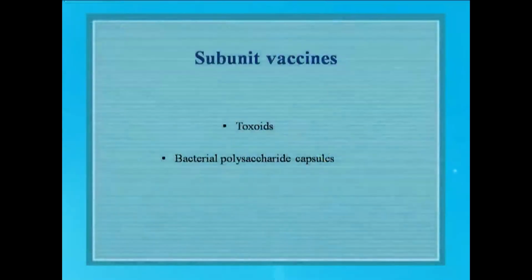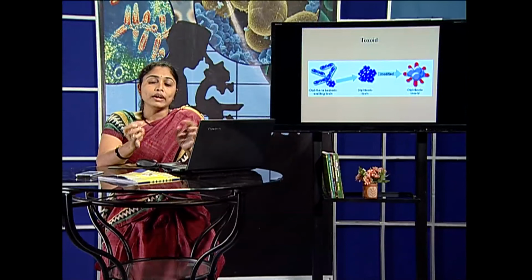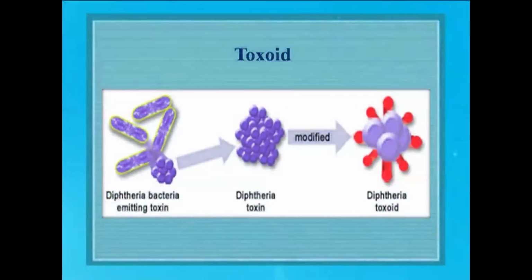There are two types of subunit vaccines, toxoid and vaccines where bacterial polysaccharides have been used. Several organisms produce exotoxins which may cause a disease. So, if these toxins are inactivated by some way and then they are used as vaccinating agent, they may activate the immune system and provide protection against the particular organism.